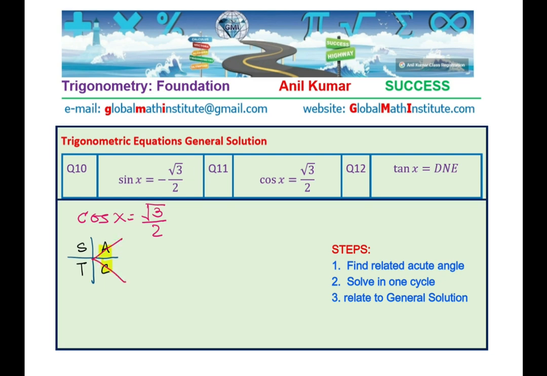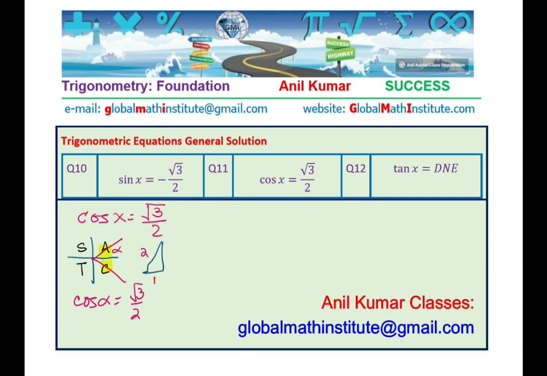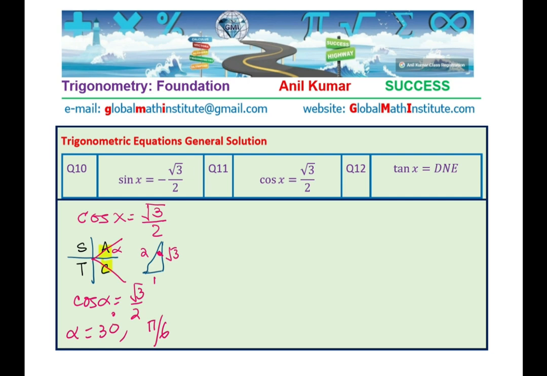Clearly, if alpha is the related acute angle, we can write cos alpha equals square root 3 by 2. Make a triangle, just to visualize, 1, 2, square root 3. So this is the angle. We know that alpha is 30 degrees or pi by 6, depending on whether you're using degrees or radians. Is that clear to you?